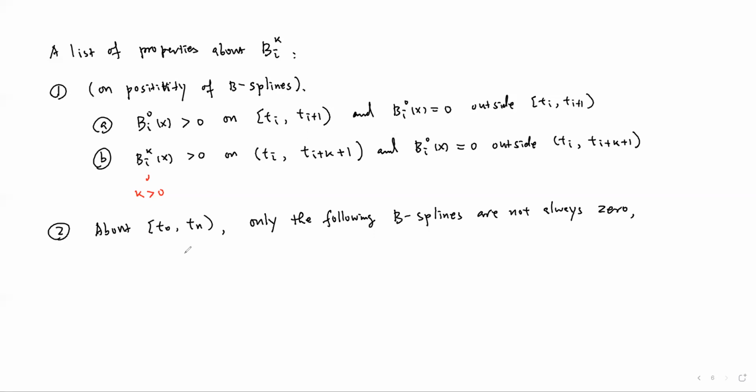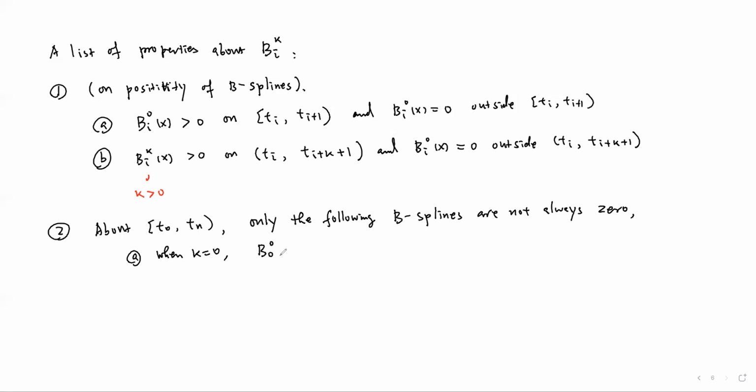Other B-splines over this interval are always 0. It depends on the degree.